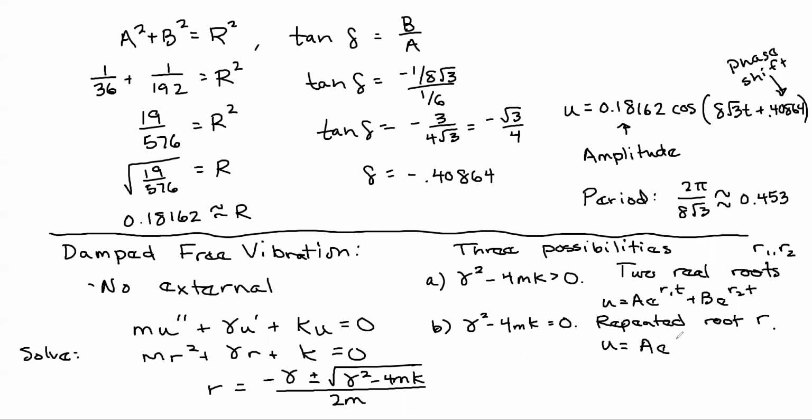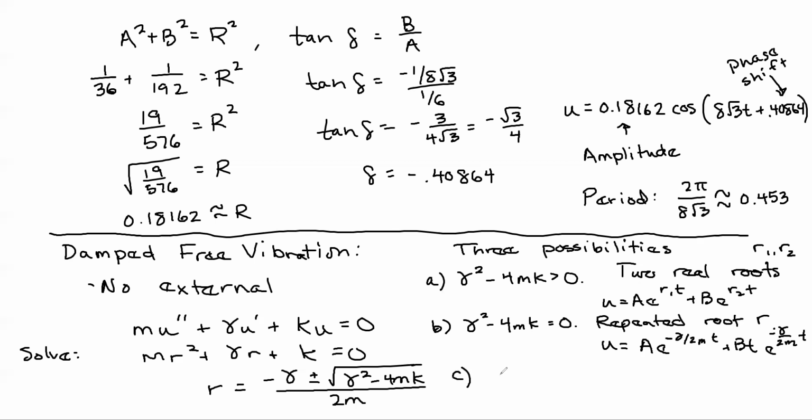Whereas we don't know what r1 and r2 are going to be, you can actually figure that out by plugging in this solution here and just getting rid of this piece. You're just going to get negative gamma over 2m. So we're going to have a e to the negative gamma over 2m t plus b t e to the negative gamma over 2m t.